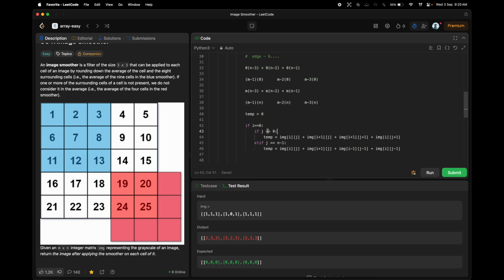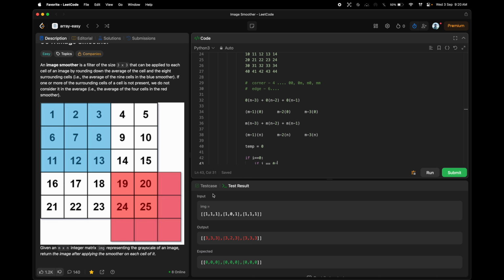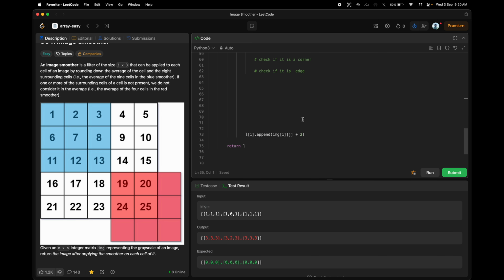So till now I'm able to detect these and I'm able to solve this. Okay, what else? If I equal to 0, what I want? Where's the code?